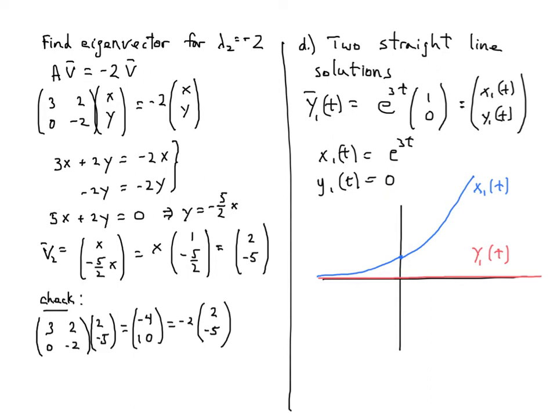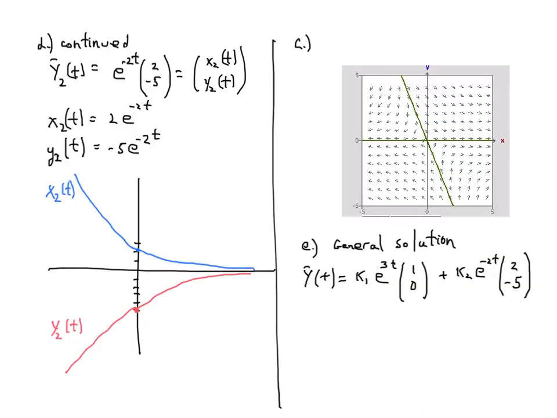Easy to graph. This goes through the point 1. Here we are at the height of 1. And y1 of t is always 0. So that's a graph of those two functions. Part D continued.